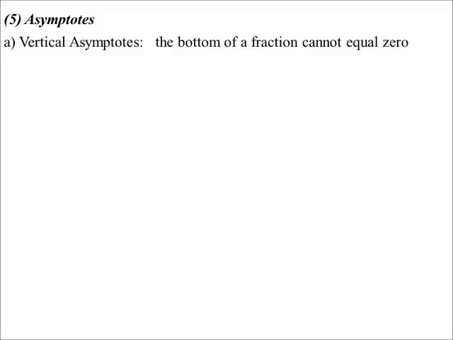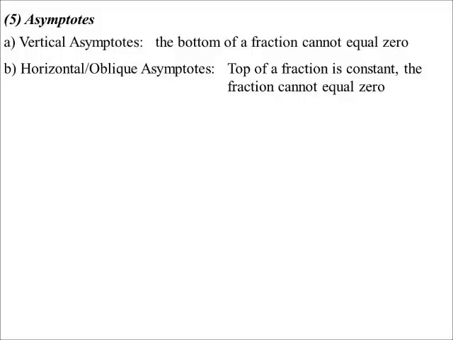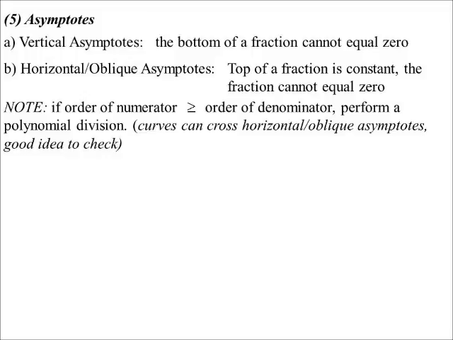Asymptotes. Okay, we know about our vertical asymptotes. Bottom of the fraction can't equal 0 was the most basic idea for that. Horizontal and oblique asymptotes. Top of a fraction is a constant, then that fraction can't equal 0. That's when we were talking about those polynomial type functions. So if we did a polynomial division, the quotient would turn out to be the asymptote.